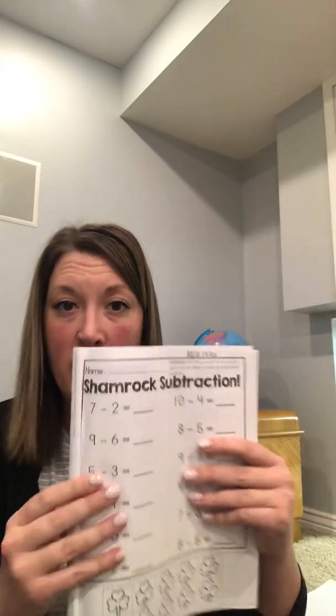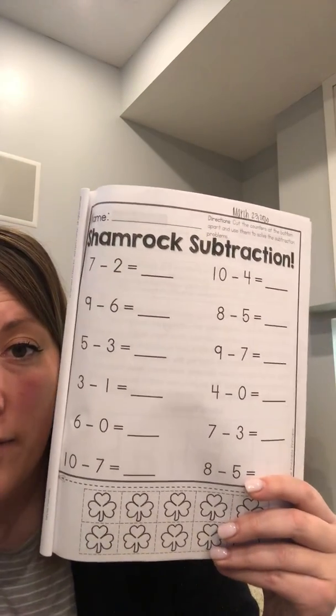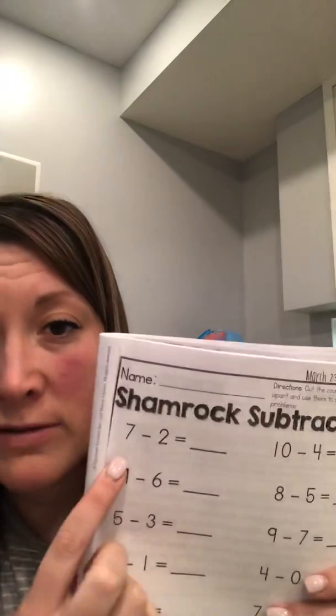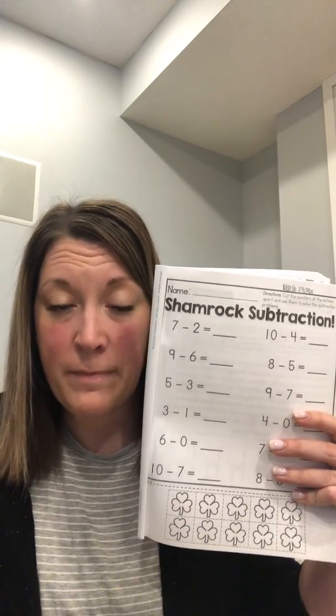On your other packet homework stuff today, there's some subtraction problems. We just barely started subtraction a couple weeks ago. So we've done this activity once in school. Remember when we had the Swedish fish and I gave you a group of Swedish fish and you would put 7 Swedish fish on the table and then you would take away 2 and you would see how many you had left? 5.